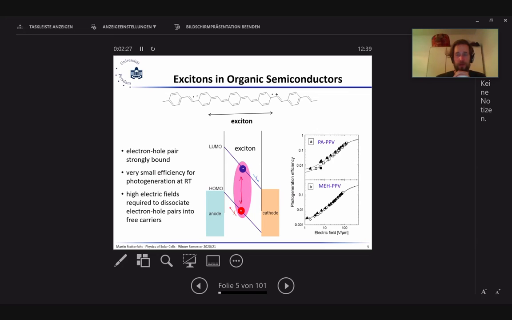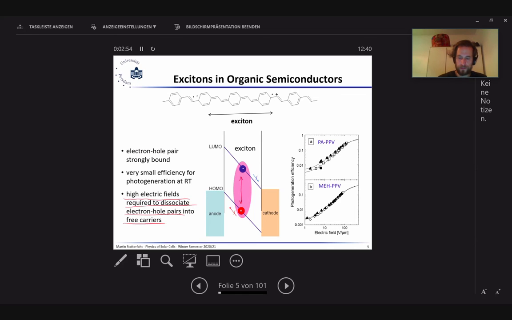Remember, 700 milli-electron volts could be the binding energy in a bad case. The room temperature thermal energy is only 25 milli-electron volts. So we need a field. A field could, for example, separate it. High electric fields are required to dissociate the electron-hole pair.